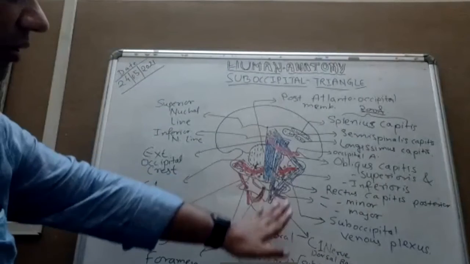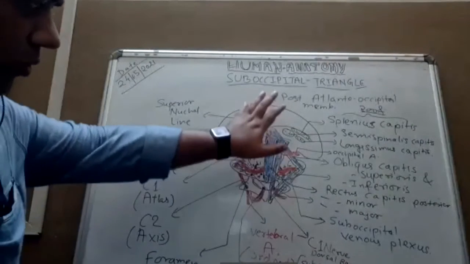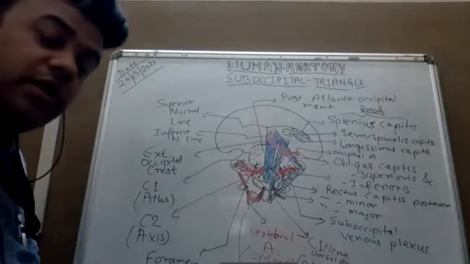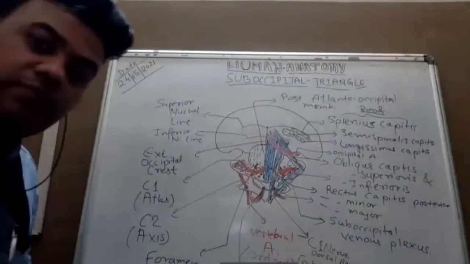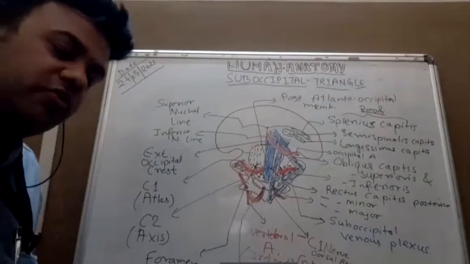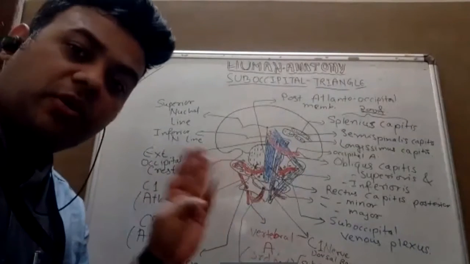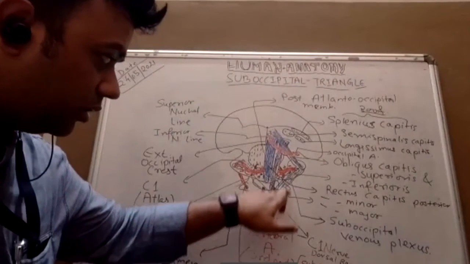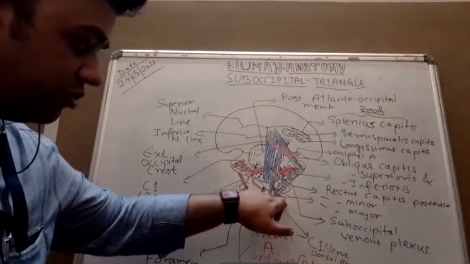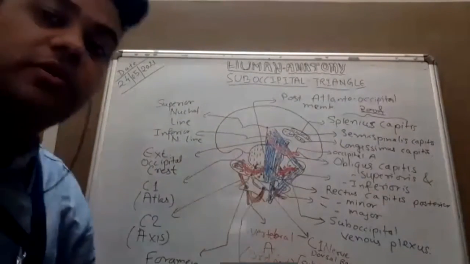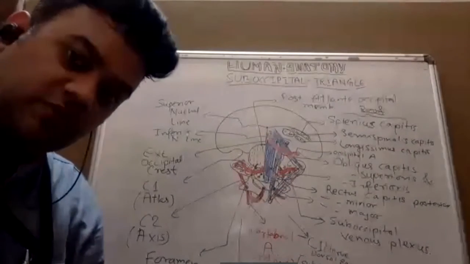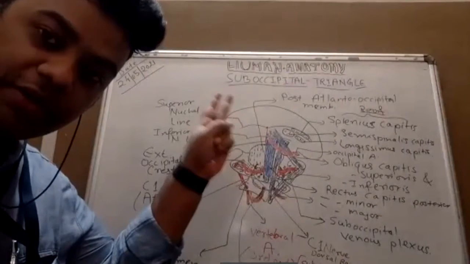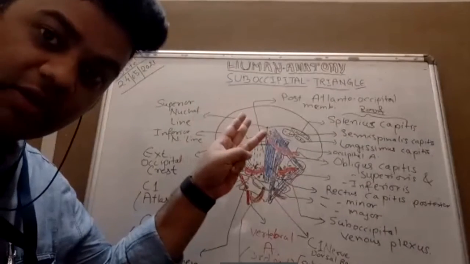And another structure passing through the roof, in between the muscles, is the third occipital nerve. That is the dorsal ramus of the third cervical spinal nerve. It also runs parallel to the C2 nerve, the greater occipital nerve, and is known as the third occipital nerve. In the scalp area we saw the occipital artery, greater occipital nerve, and third occipital nerve.